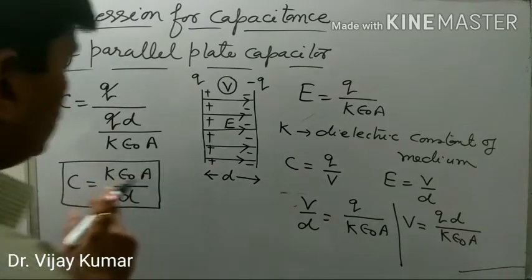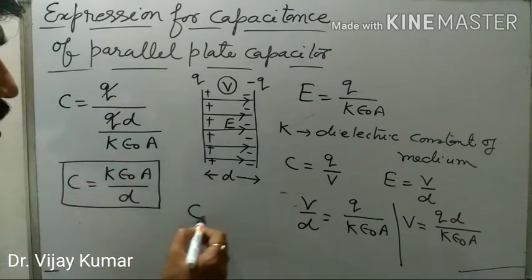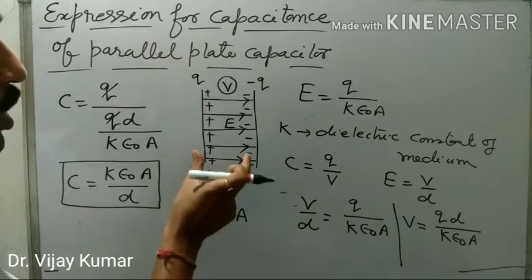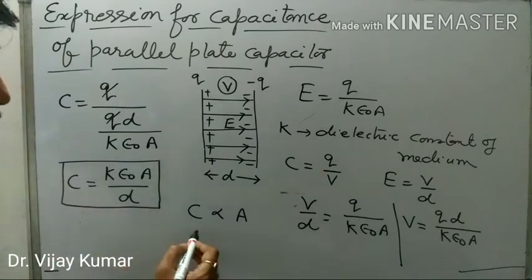This derivation shows that C is directly proportional to A, the overlapped surface area of the plate. K represents the dielectric constant.